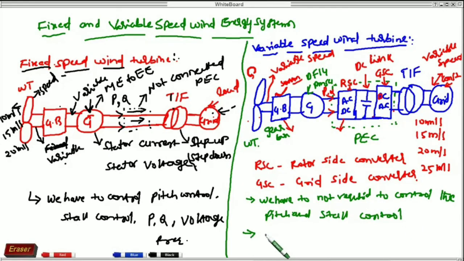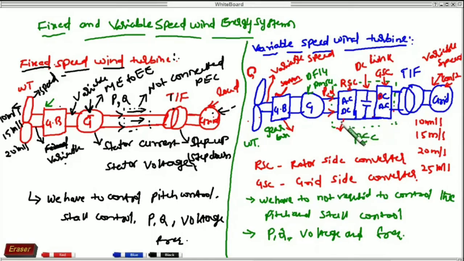We have to control only active and reactive power, as well as voltage and frequency. In these sections we do not require a gearbox either, because this generator is directly connected with the grid. But here we are using a power electronics converter.